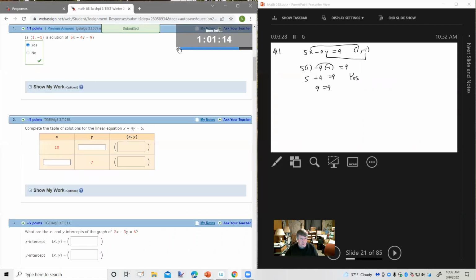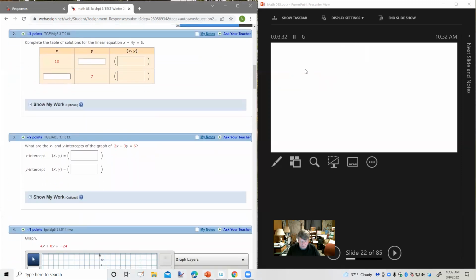And we'll move on to problem number 2. Complete the table of solutions for the linear equation x plus 4y equals 6.